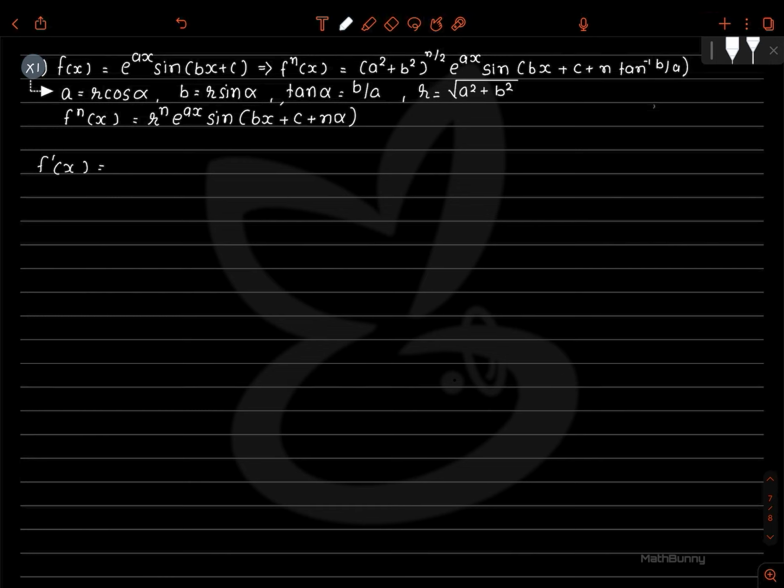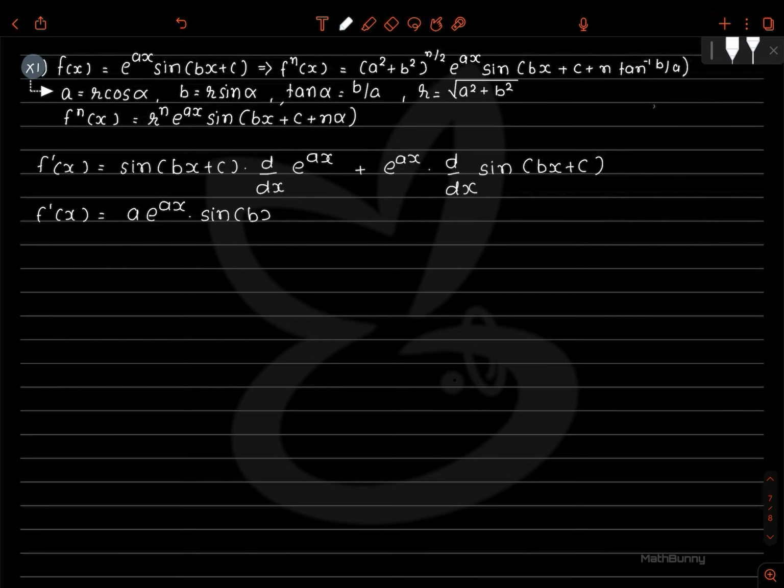F dash of x would be equal to sin bx plus c into d by dx of e raised to ax plus e raised to ax into d by dx of sin bx plus c. This would give us f dash of x would be equal to a e raised to ax into sin bx plus c plus b e raised to ax cos bx plus c.